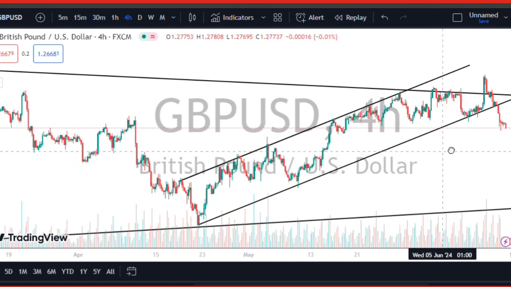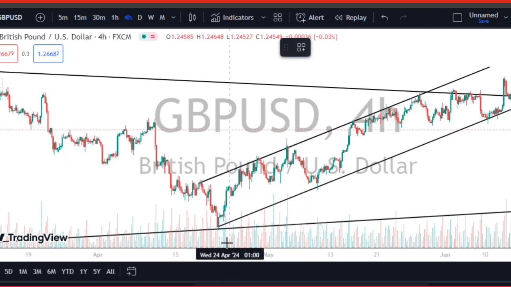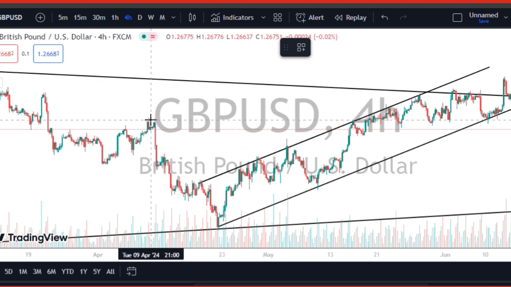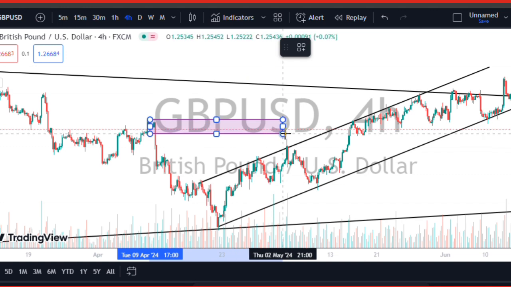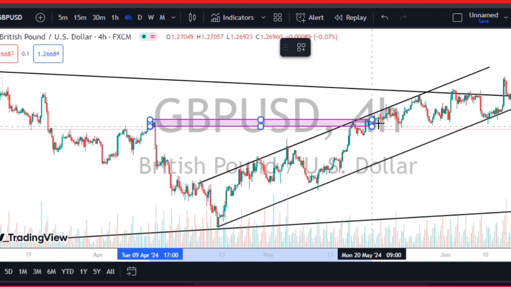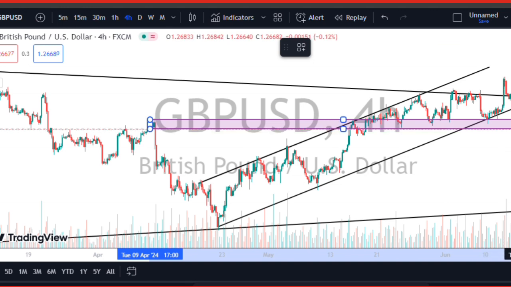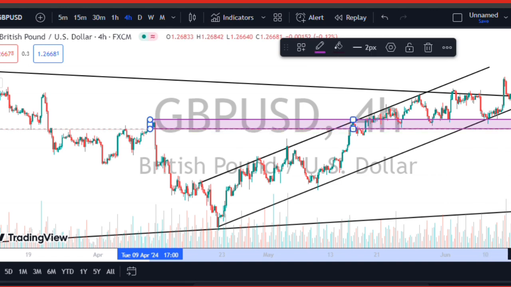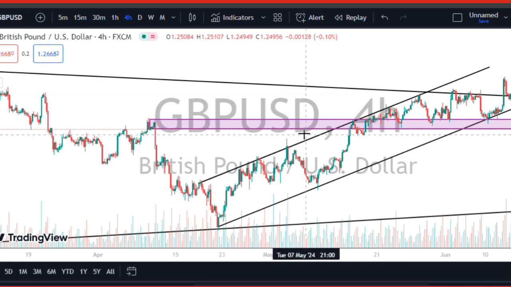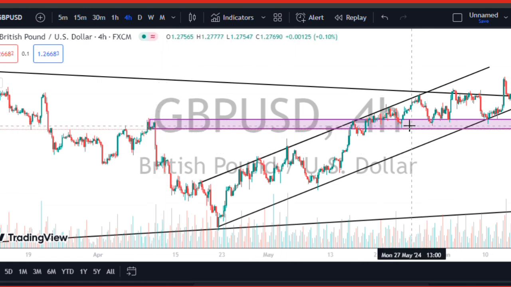From here we can also draw our zone from this 4-hour. You can see this point acted as a supply zone and also as a resistance zone. The market came back and tested this resistance zone multiple times, and by coming here it formed a support.